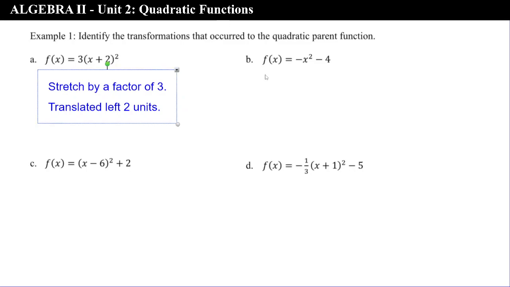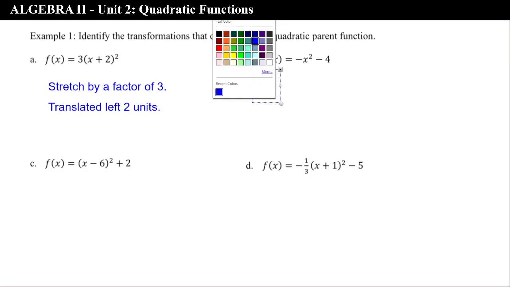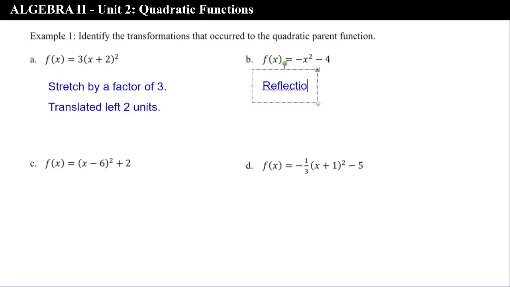So in the second one, we have a minus sign out in front. And that minus sign out in front tells us that we have a reflection across the x-axis.